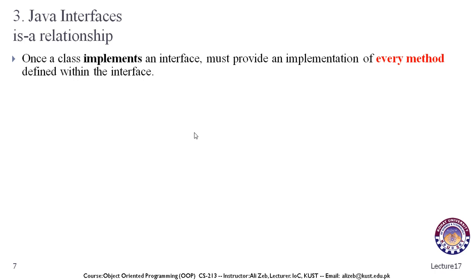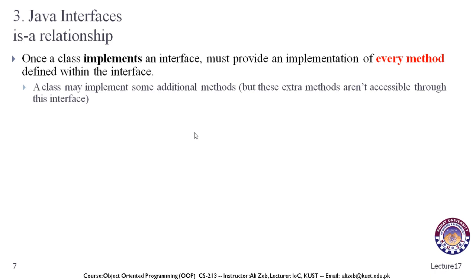Now this needs to be emphasized again: there is a relationship between the interface and the class that implements that interface, and it must provide an implementation of every method defined within the interface. A class may implement some additional methods, but these extra methods aren't accessible through this interface.